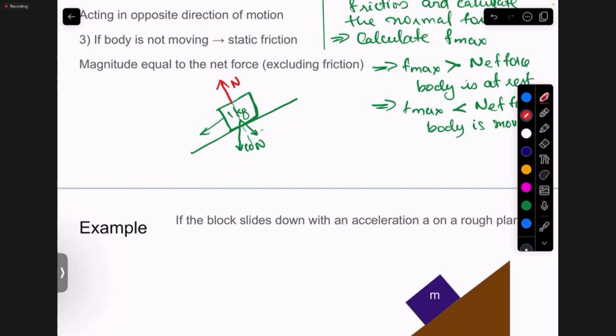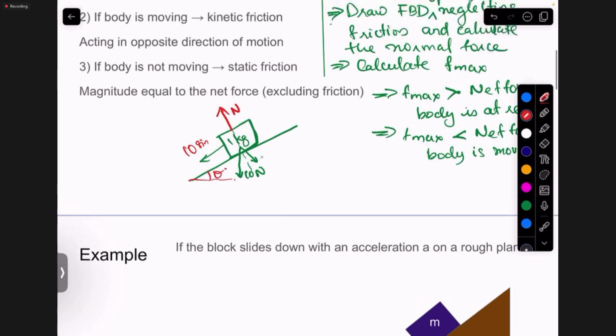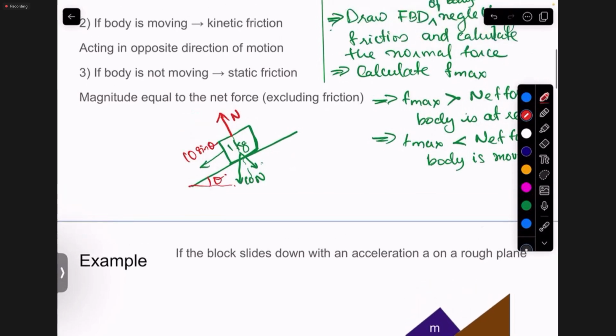That's how it will be 10 sine theta, whatever theta is here, and then this is 10 cos theta.